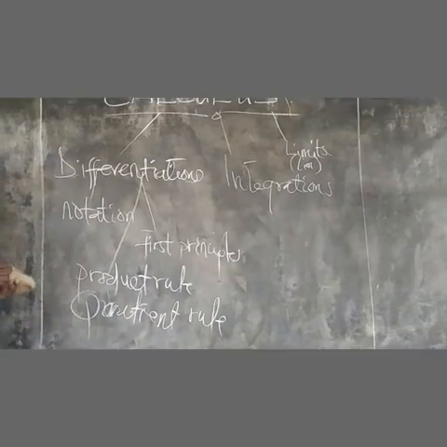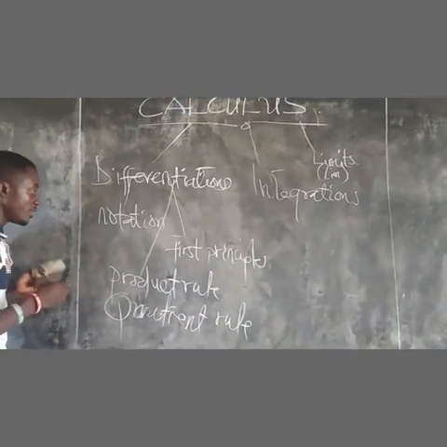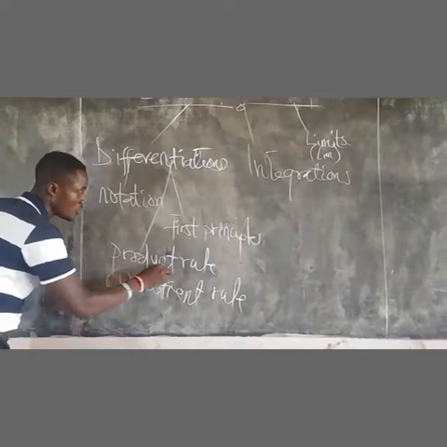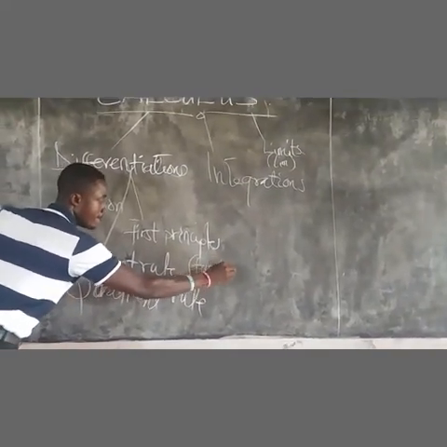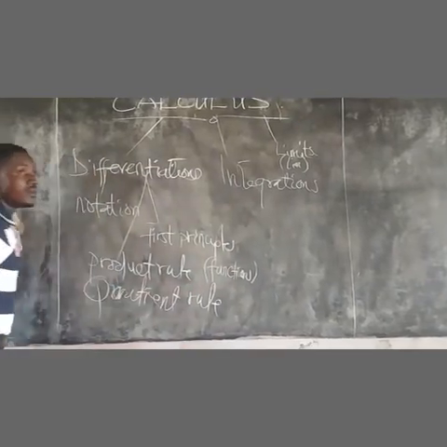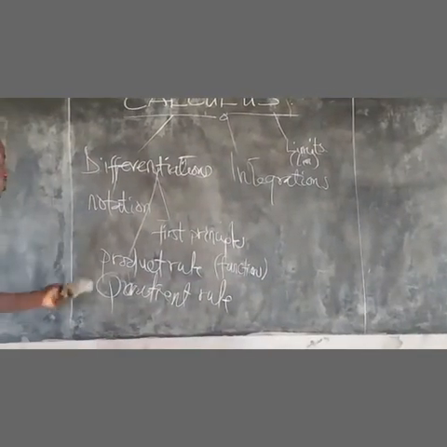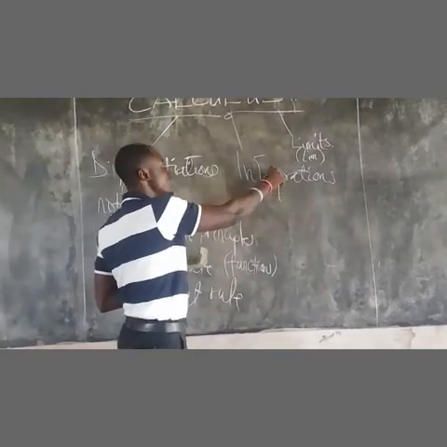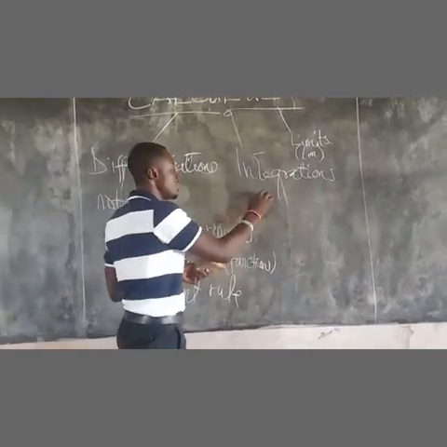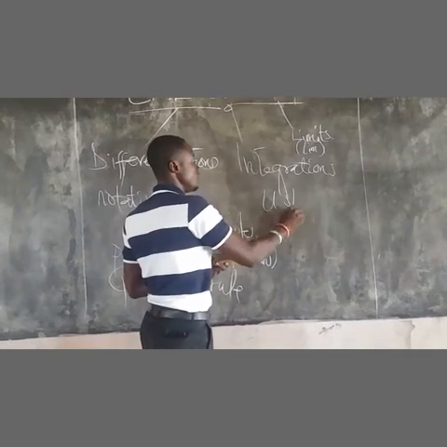Then you also look at the function of a function. Very good. So product rule, quotient rule, and function of functions, and under integrals, we're looking at U substitution.